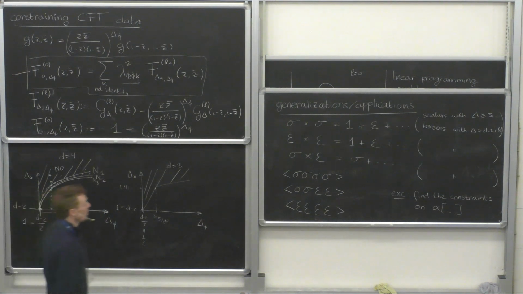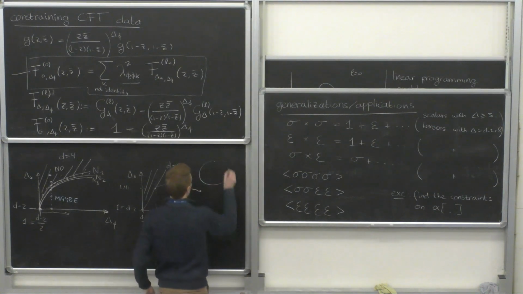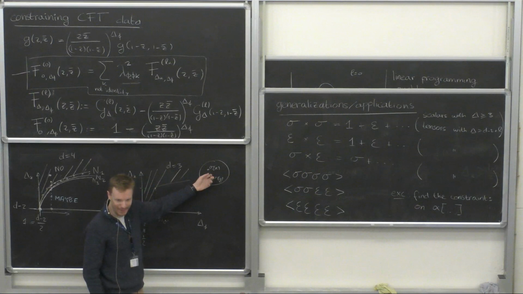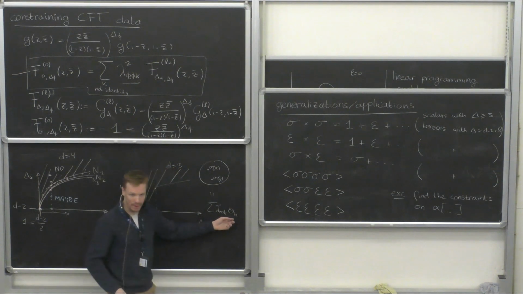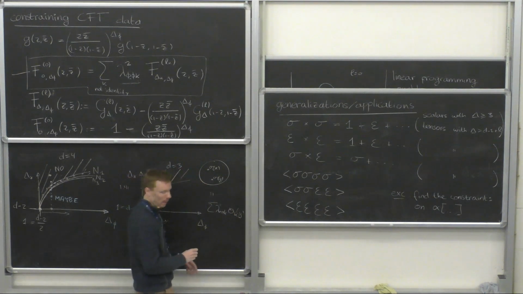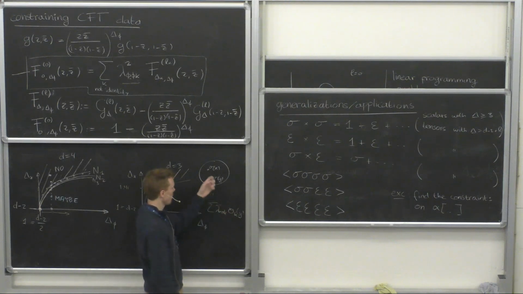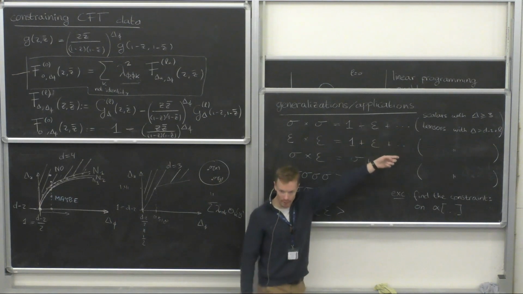This is just a schematic form of the operator product expansion. So if I have sigma sitting at x, sigma sitting at y, then this is, by the operator product expansion, the sum of other operators, lambda, sigma, sigma k, okay. And I'm just dropping all the position dependence and everything, and even the lambdas. I'm just schematically saying that in this sum k, there sits the identity operator, epsilon and that.